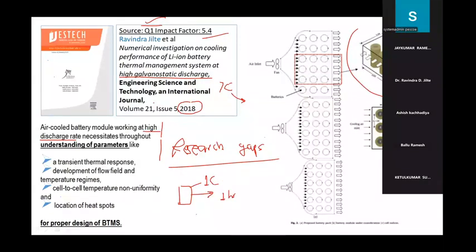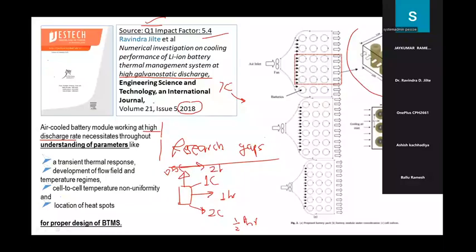If you discharge with a rate of 2C, the battery will be discharged in half an hour. If you discharge this battery at 0.5C, the battery can last for 2 hours.